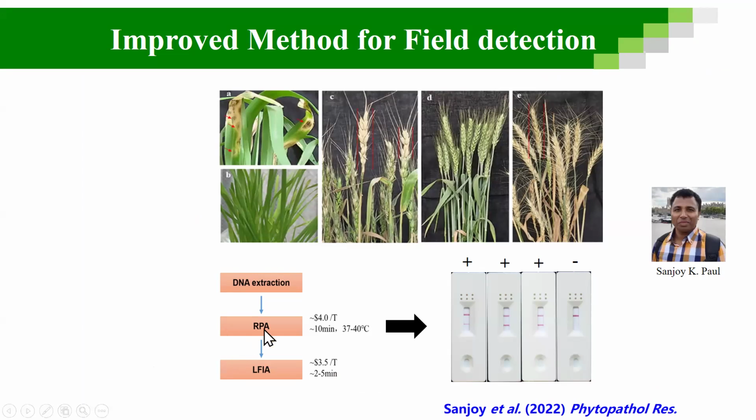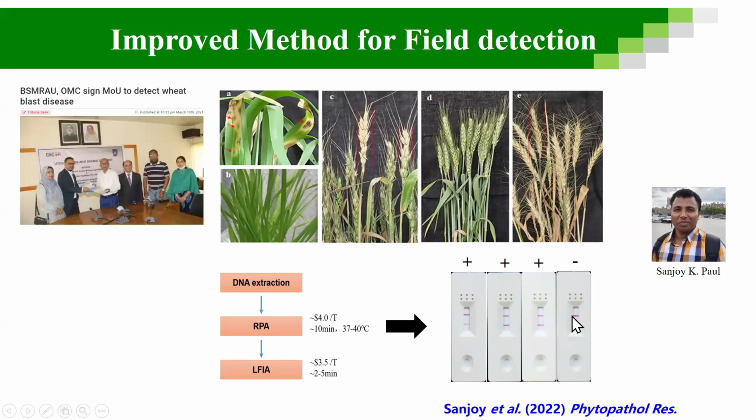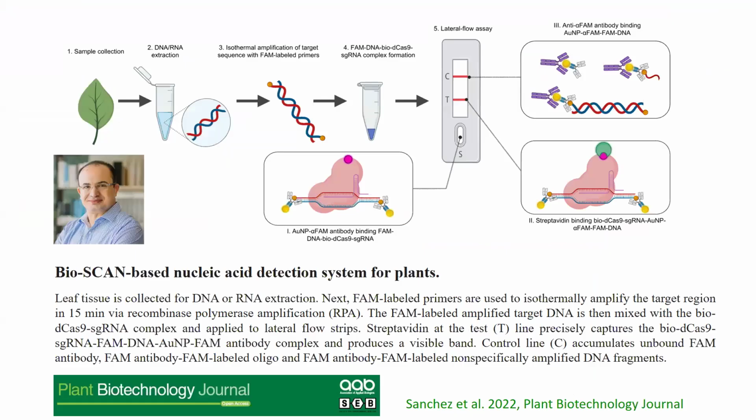And here, instead of PCR, we use RPA to amplify the tiny DNA in the sample, and then this type of strip. We use Cas12 enzyme and many other visualizing agents to visualize it. So this method is very interesting.